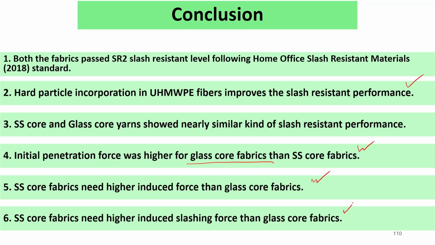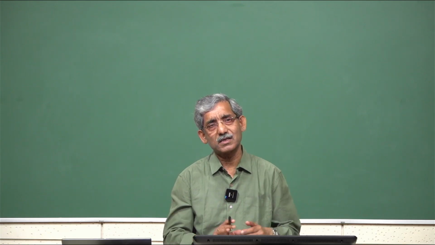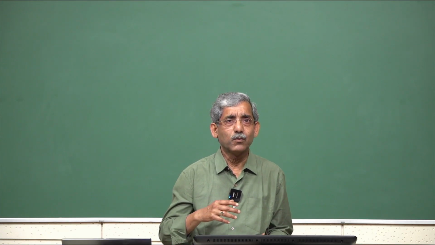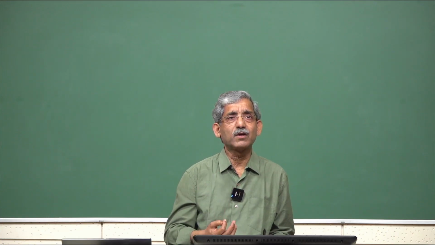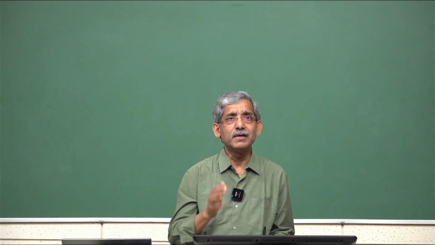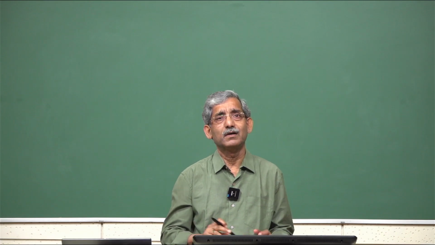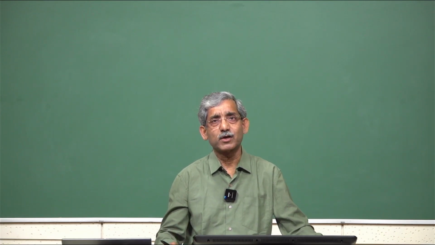So, these are the overall conclusions of our study, but this is only a single study, and what we tried to do is give some glimpse, some idea to develop different types of slash protective textiles.